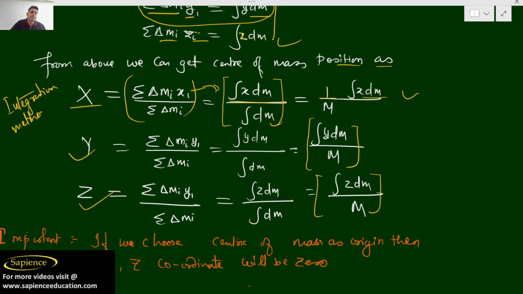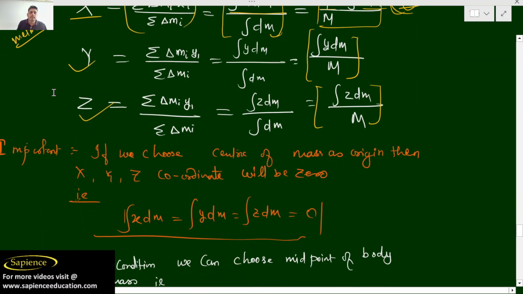If we have a very small number of particles, we can use the discrete formula. But if we have so many small particles, we can use the integration to find the position of the center of mass. I hope you have understood now.